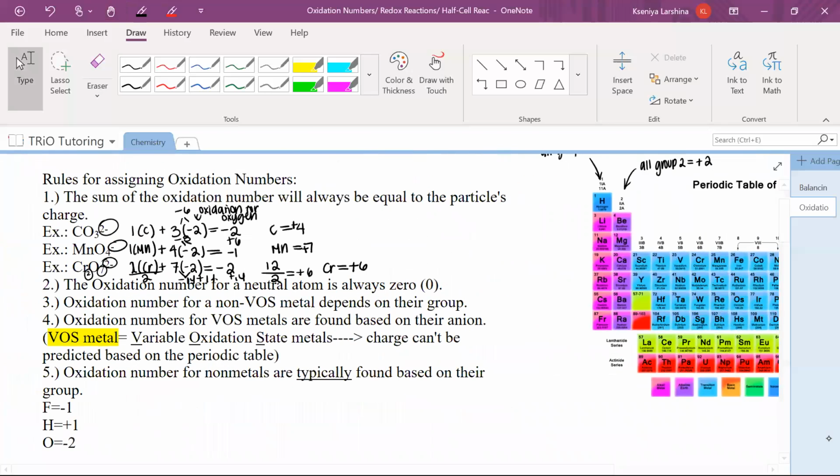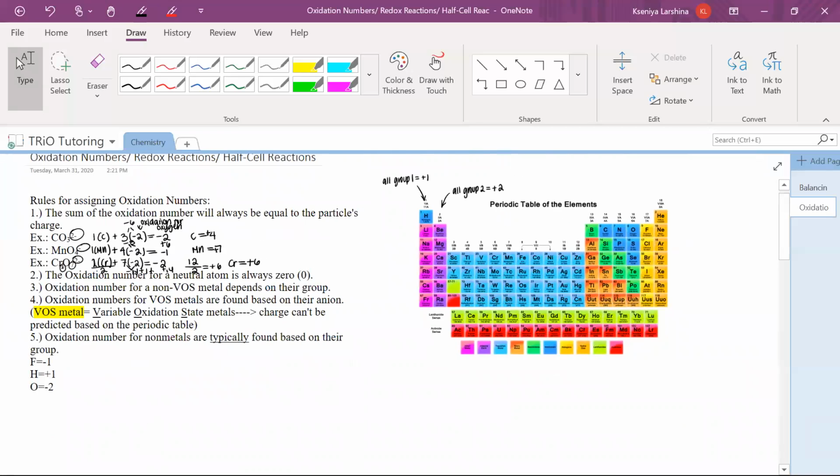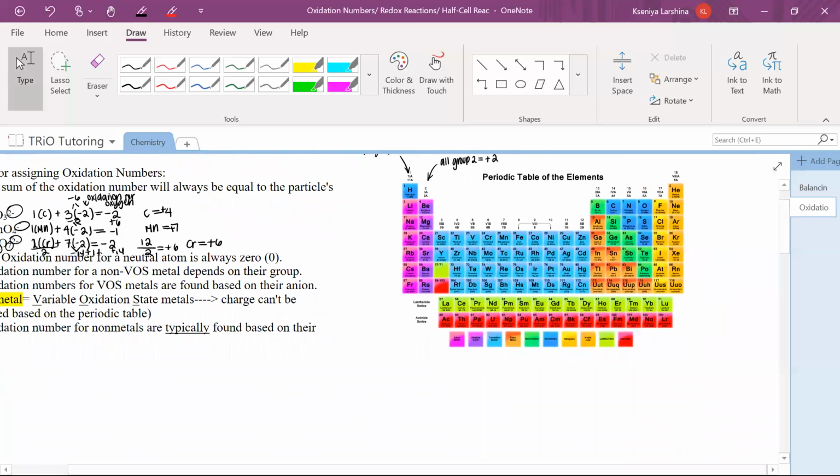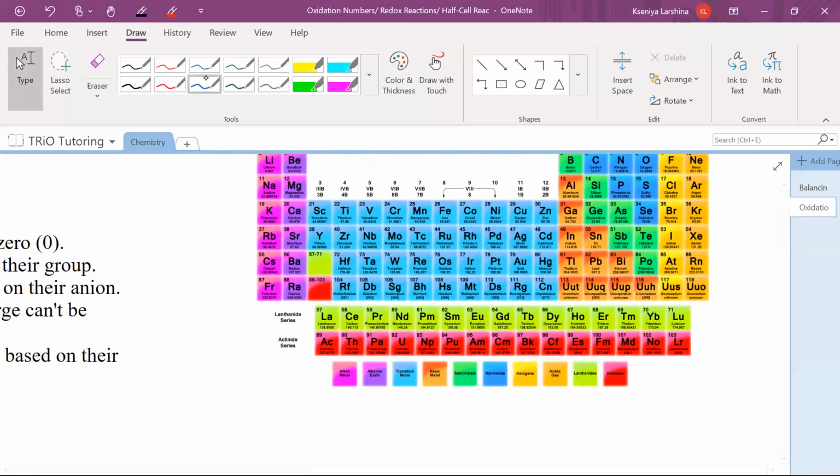The oxidation number for a non-VOS metal depends on their group. VOS metals are variable oxidation state metals, meaning their charge can't be found based on the periodic table.